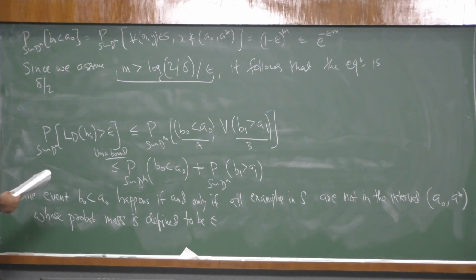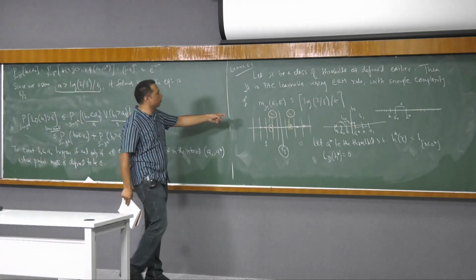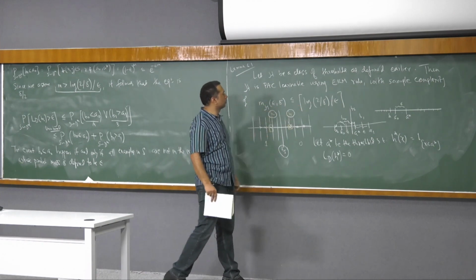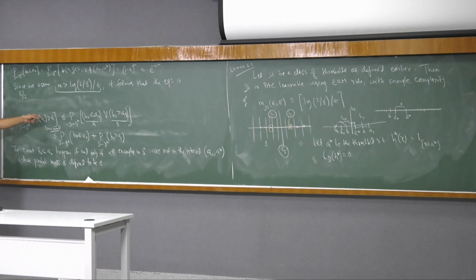But if we take the negation of that, then it will become greater now. Oh yeah, the sample complexity is that, okay. So if we can ensure m to be at least this, then we are safe, right? That's what it says. So that's fine.